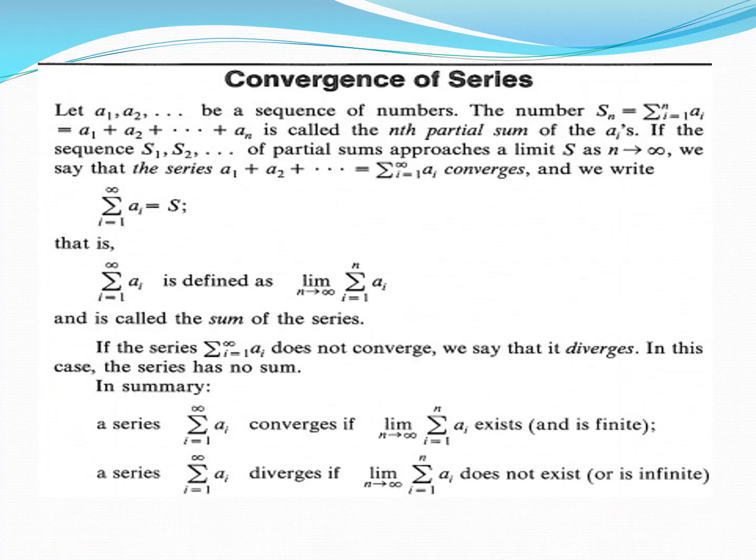Convergence of series. Let a1, a2, a3 be a sequence of numbers. The number Sn, which is already defined in the last slide, is called the nth partial sum of the ai's.